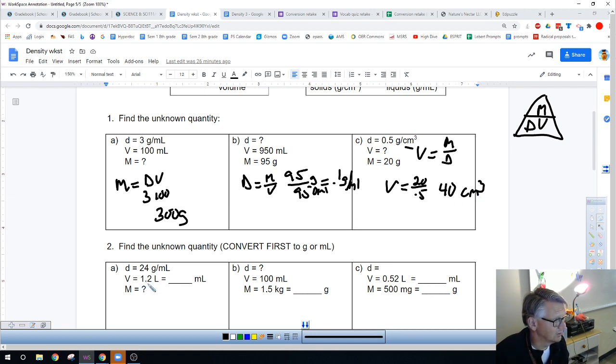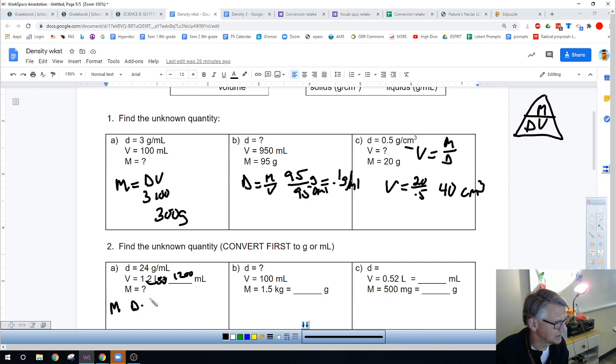We need to convert from liters to milliliters. We're going to move it to the right 3 places. So that's 1, 2, 3. And we're going to fill in those zeros. So we have 1200. So mass is equal to density times volume.